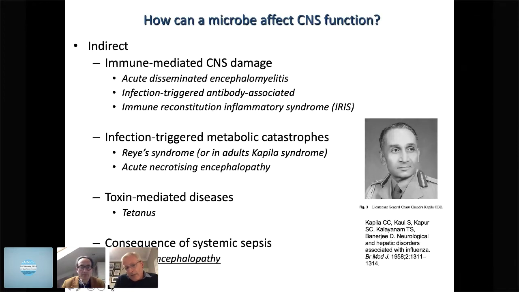Peripheral bacterial infections such as tetanus can release a toxin that has a direct effect on the central nervous system. And more systemically, systemic sepsis can cause encephalopathy in its own right. And this perhaps is the major clinical differential diagnosis when one sees a patient with fever and encephalopathy and is considering the possibility that the patient might have an encephalitis.